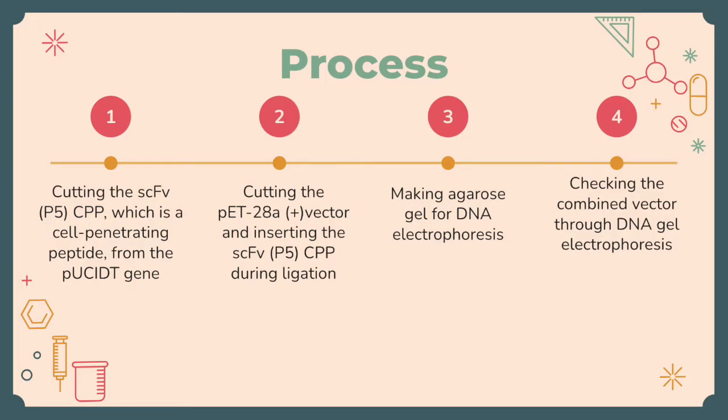Next, agarose gel was made for DNA electrophoresis, which is a common lab technique to identify, quantify, and purify nucleic acid fragments. Lastly, they checked the combined vector through DNA gel electrophoresis and analyzed the results.